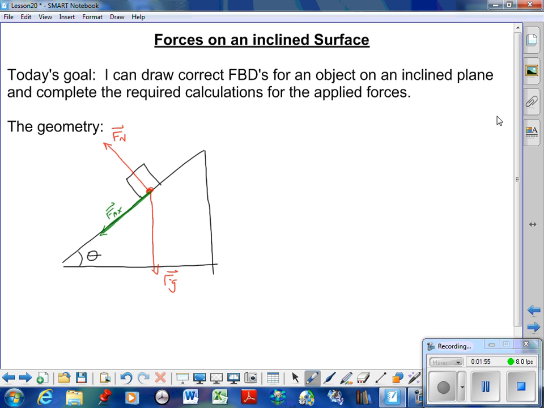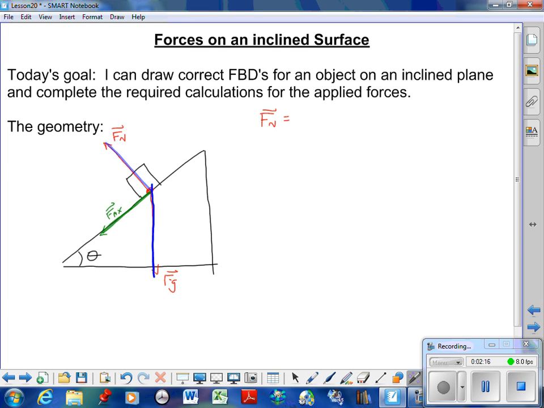What's the normal force equal to? All right, that's one of the questions I want to address. What does the normal force equal? Because it can't be just force due to gravity. They're not in line anymore. All right, what I mean by not in line, the normal force and the force due to gravity are no longer in the same direction.